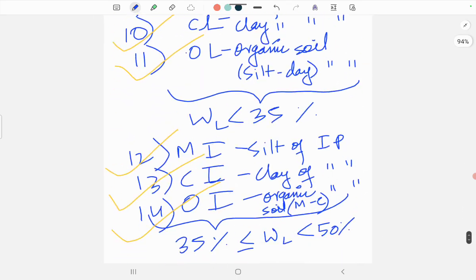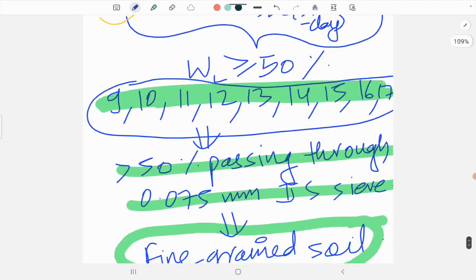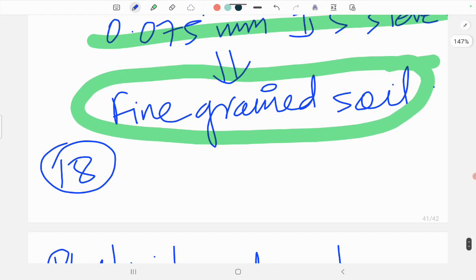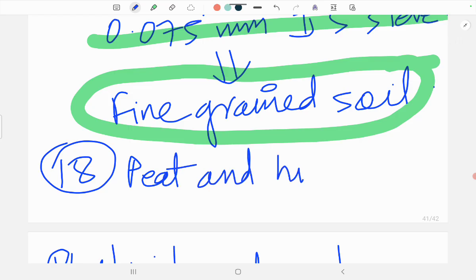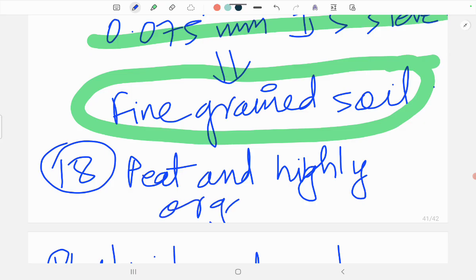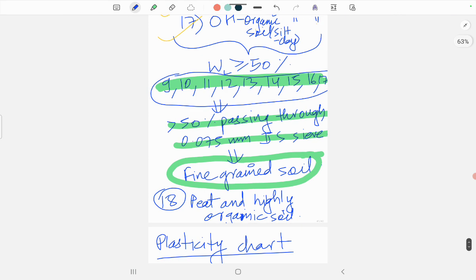Let's complete this, and then we draw the plasticity chart. So this is peat and highly organic soil. This is the 18th group. So we completed the 18th group.